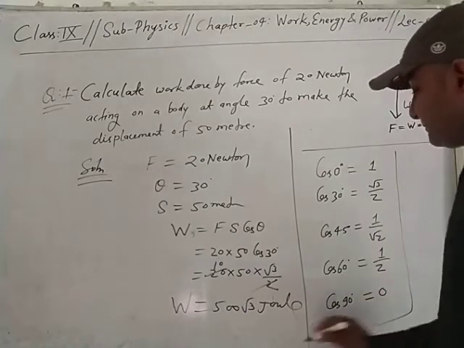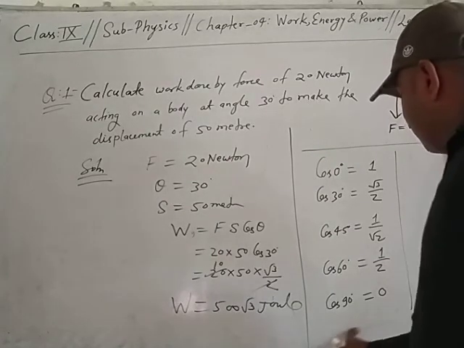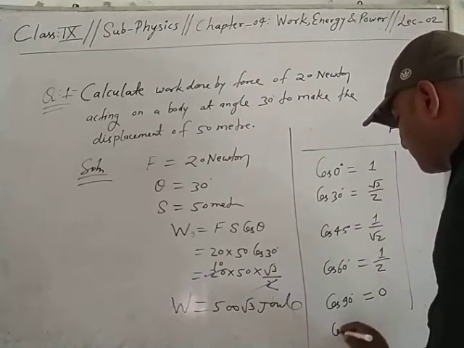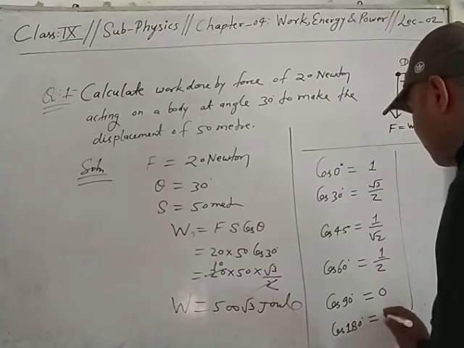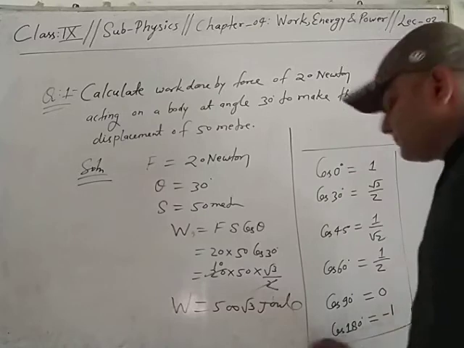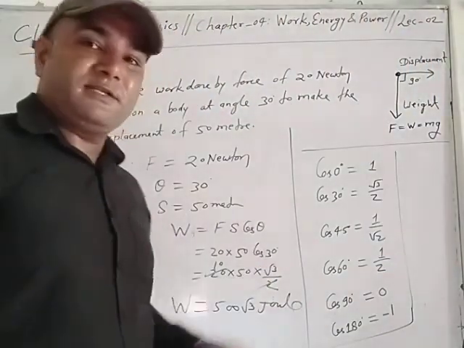Here the trigonometric cos values are given, and one more value that is important, cos 180, is equal to what? Minus 1. All these values are very easy. When you try to solve the numericals, you can solve them easily.